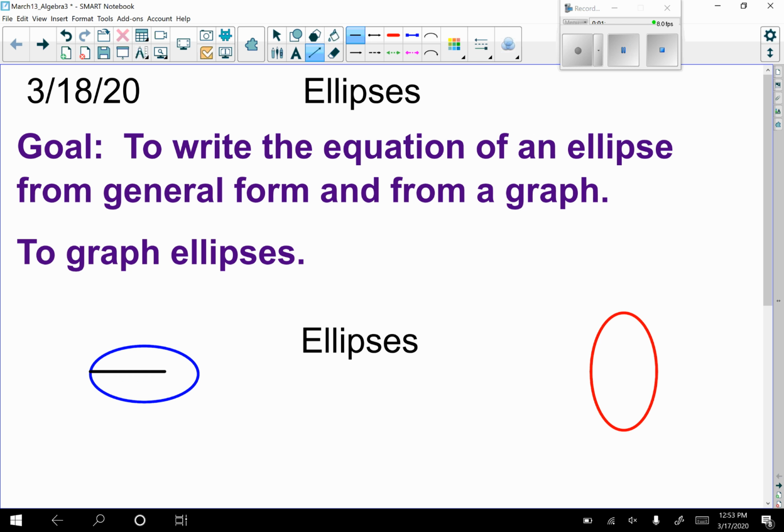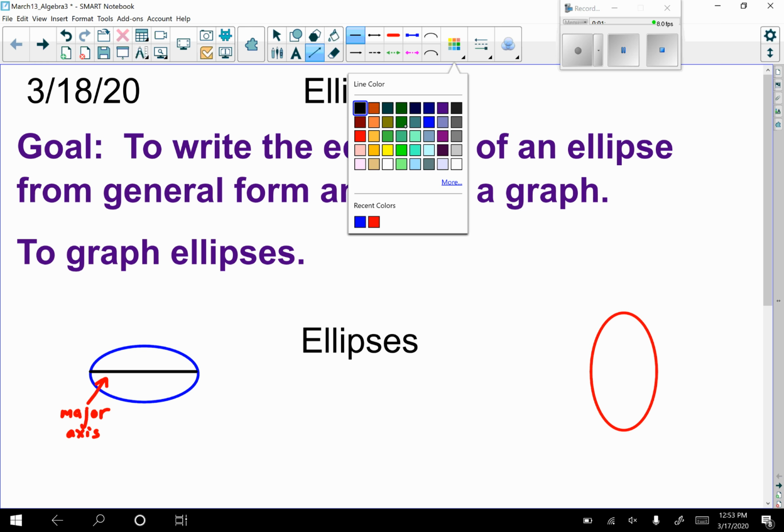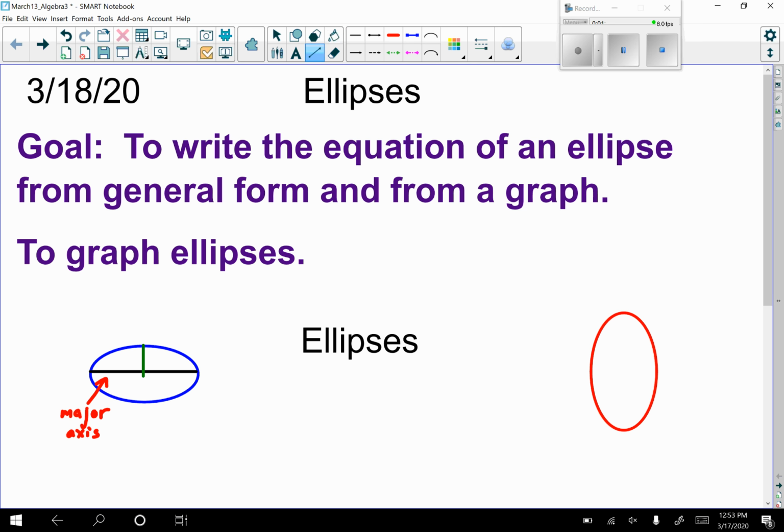With a circle we can call it a diameter, but here with an ellipse we can't. When it's longer horizontally, this is called the major axis. And then we have the shorter one that we're going to draw vertically here. And the shorter one is called the minor axis.